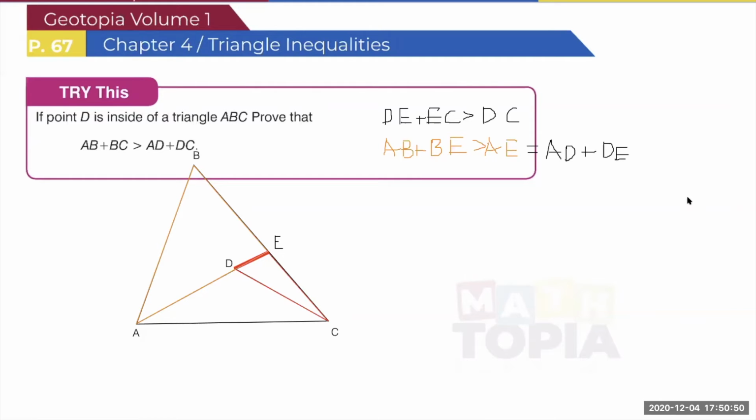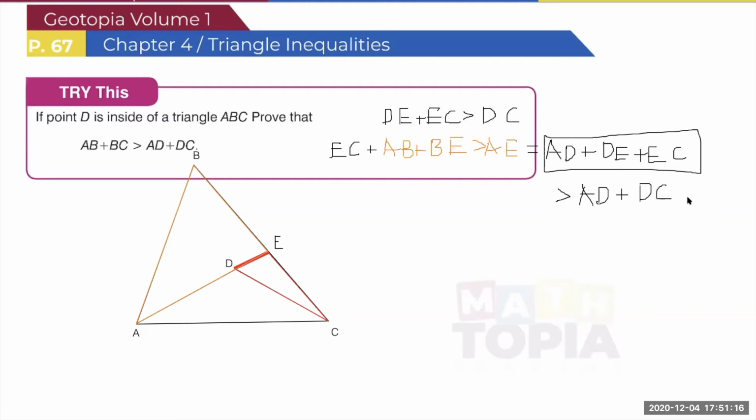And now we can add on EC to both sides. And we have DE plus EC, which from the first inequality we know is greater than DC. So this part is going to be greater than AD plus DC.